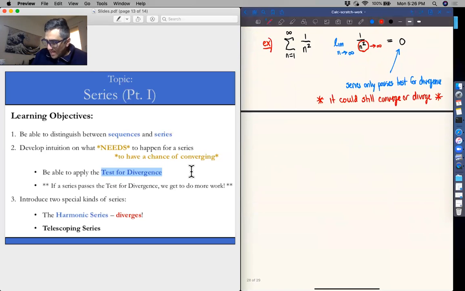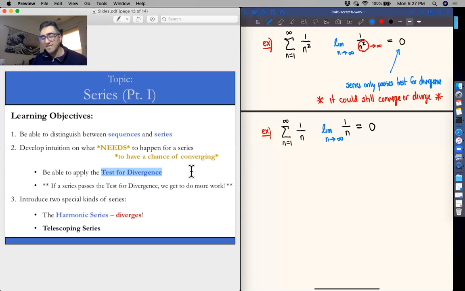So let's do another example. This is the series from n equals 1 to infinity of 1 over n. If we apply the test for divergence, we take the limit of that series function, 1 over n. And again, as n gets very, very large, that denominator blows up towards infinity, and 1 over a very, very large number looks just like 0.